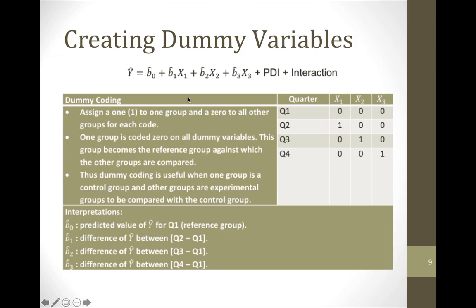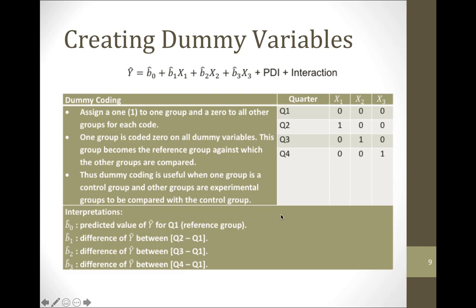So when the 3 variables are all 0, and we're controlling for the other predictors, the intercept will be the sales value for Q1, our control group. As you can see here, B0 is the predicted value of sales for Q1 only. And B1, B2, and B3 are the differences between Q2 and Q1, Q3 and Q1, and Q4 and Q1 respectively.